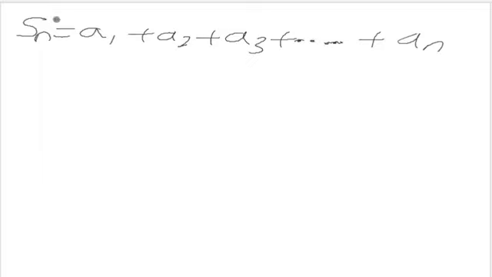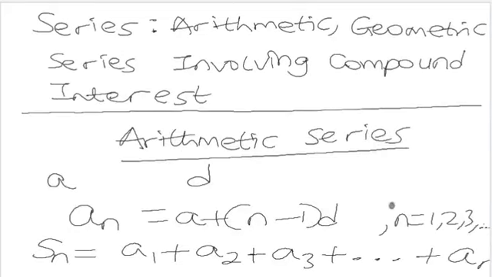Okay, so we know that A1, the first term, can be denoted as A plus 0D. How did we get this? If we come back here, we have A plus (N minus 1)D. If it's A1, that is A plus (1 minus 1)D, and 1 minus 1 becomes 0, so 0D.